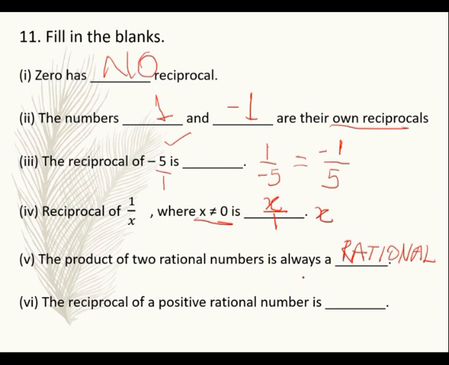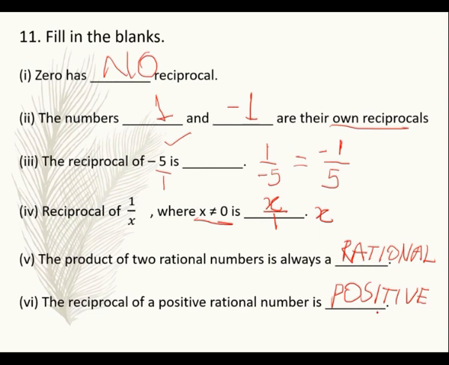Next, the reciprocal of a positive rational number is positive, and the reciprocal of a negative rational number is negative. We have learned that. So the answer to this sixth fill in the blank is: the reciprocal of a positive rational number is positive. Now children, with this we have completed exercise 1.1.